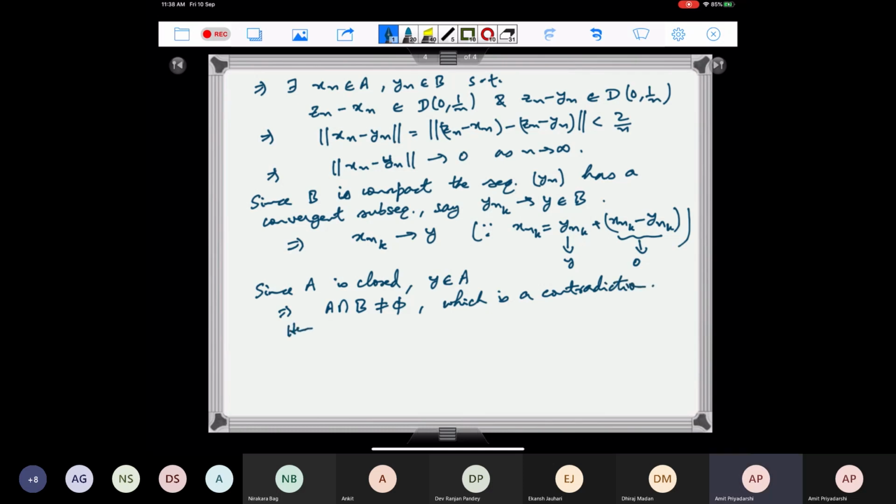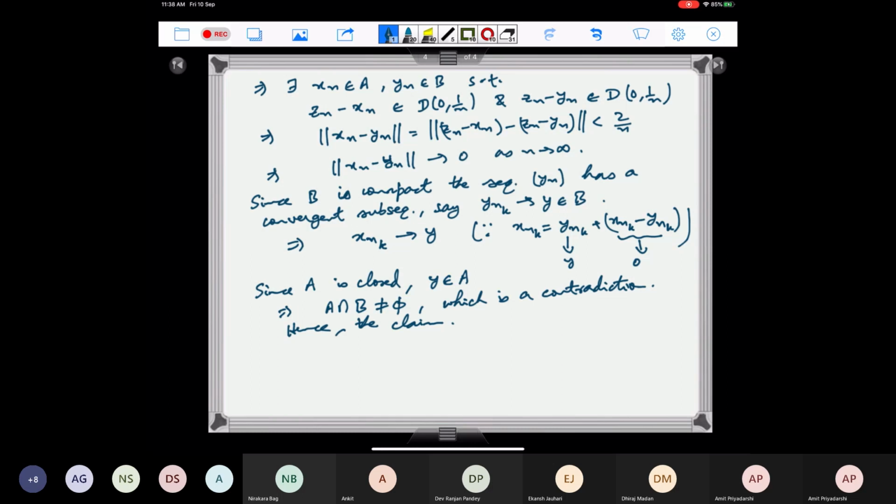So hence the claim is true. So now we got that for small enough eta, there is some eta such that these are disjoint.